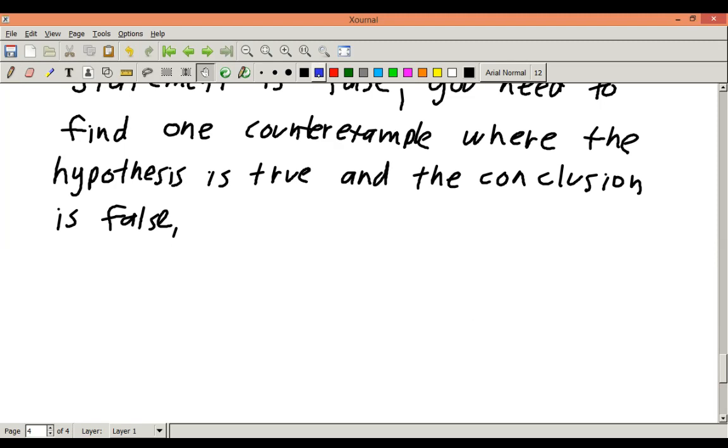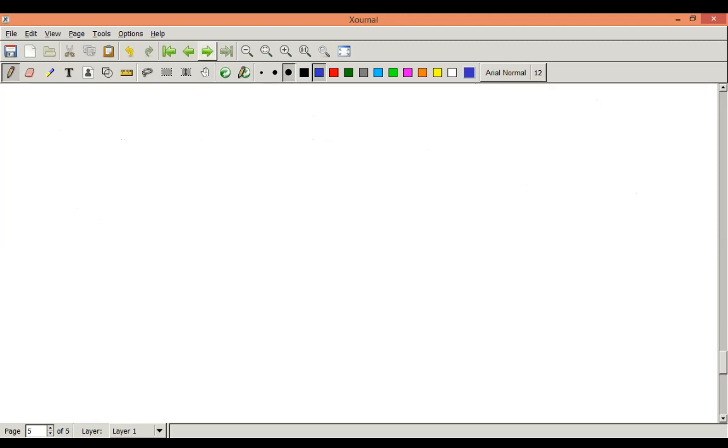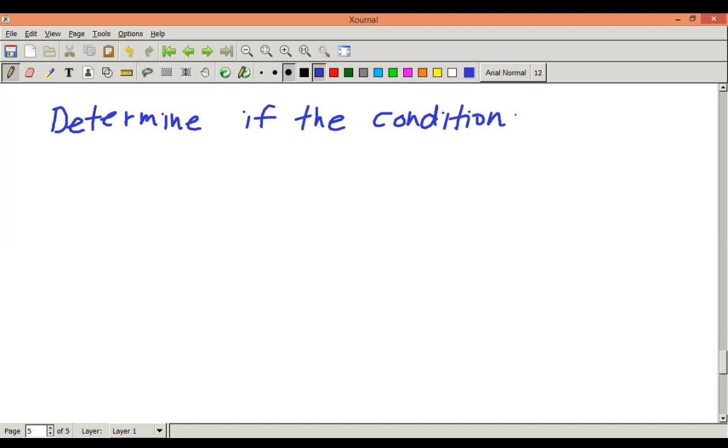Okay, let's do some examples with some of this. So the directions will be: determine if the conditional is true. If it's false, give a counterexample.